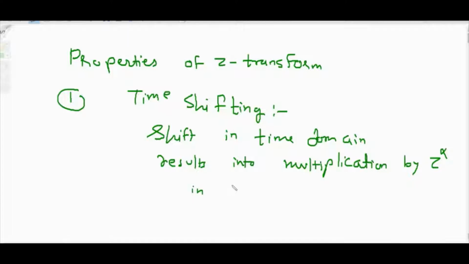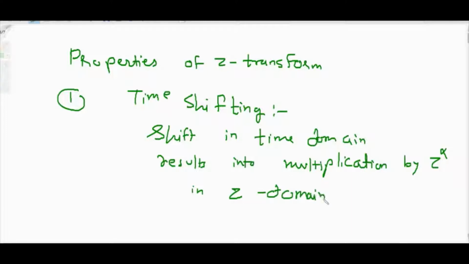In Laplace transform, a shift in the time domain results in exponential multiplication, but here we have multiplication by z raised to power plus alpha or minus alpha depending on the alpha value in the z domain. So this is the time shifting property.